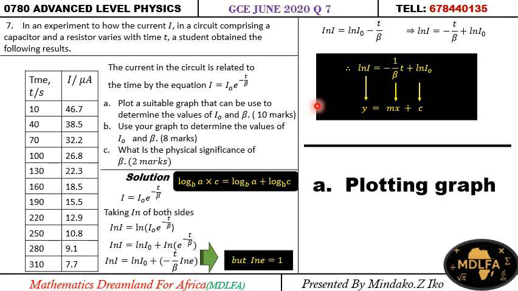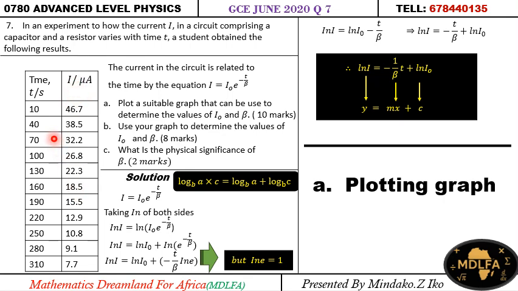You can clearly see that we are not plotting a graph of I against t, but we are plotting a graph of ln I against t. You cannot use this value here because these are raw data.